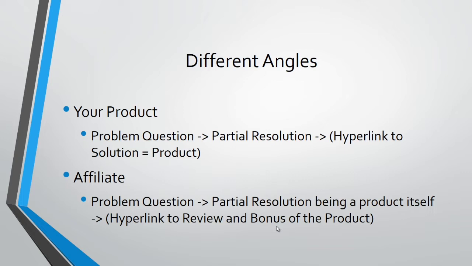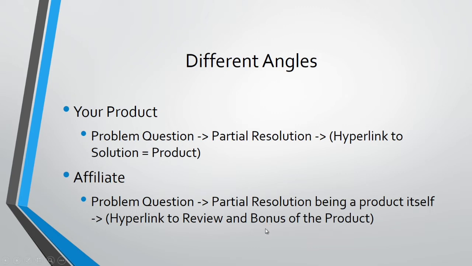Now, I will say off the bat, if you are promoting any type of niche aside from business or internet marketing or even technology, something that is a general niche like dogs, organic foods, stuff like that, typically you may not really need the bonus right here.